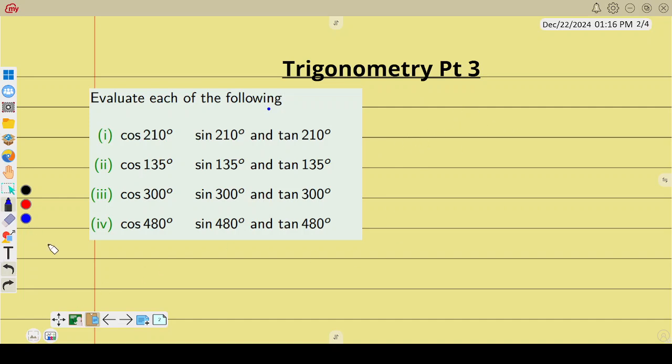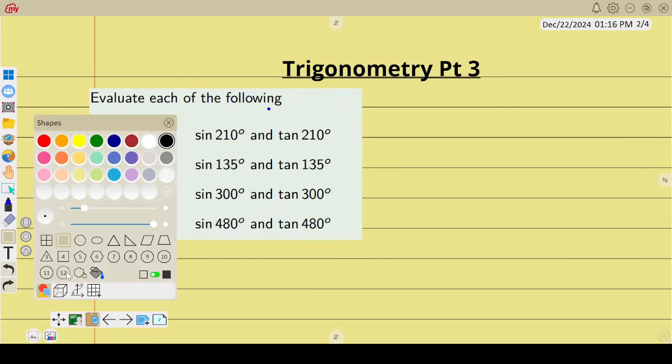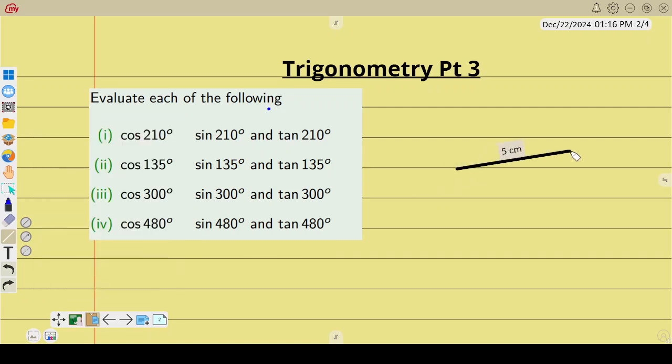These angles are angles greater than 90, so you have to look for the helping angle, and you have to check whether sine is positive or negative in this quadrant. So we'll draw our x-y plane there.